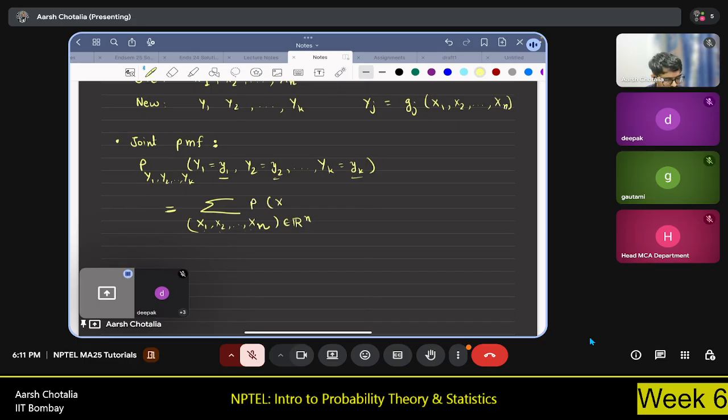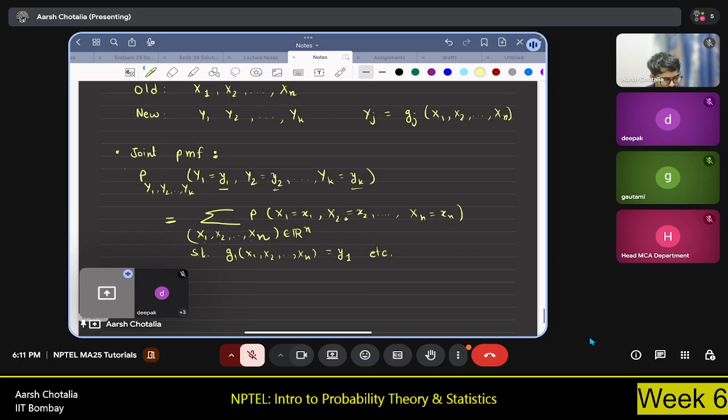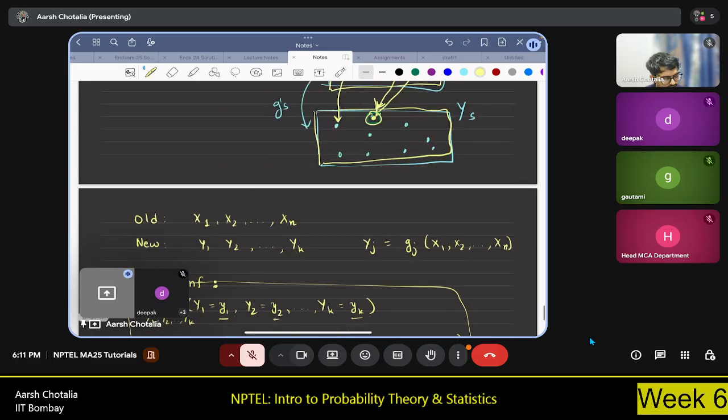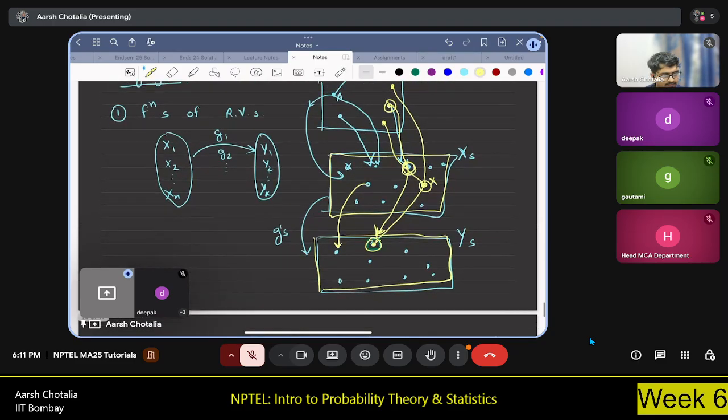So it's the probability that X1 is equal to x1, X2 is equal to x2, etc., Xn is equal to xn, such that g1 of x1, x2 up to xn gives y1, etc. Okay, so it's the same as what we did earlier. So this is algebra, or in math language, and this is the visual representation.